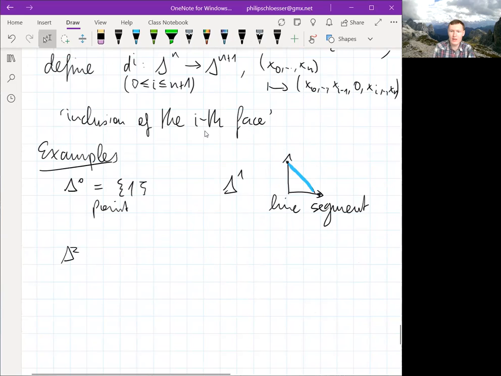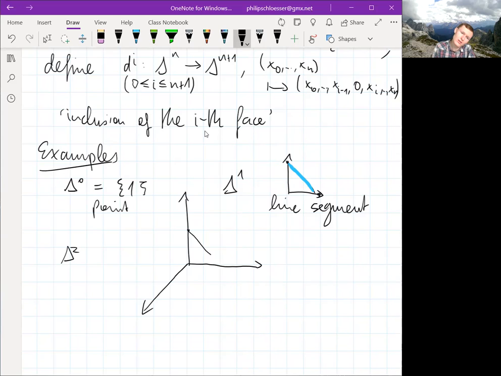And the 2 simplex is, oh, this is going to be fun to draw. So we have R3. And then we basically have the plane where x plus y plus z is equal to 1, restricted to the positive octant.